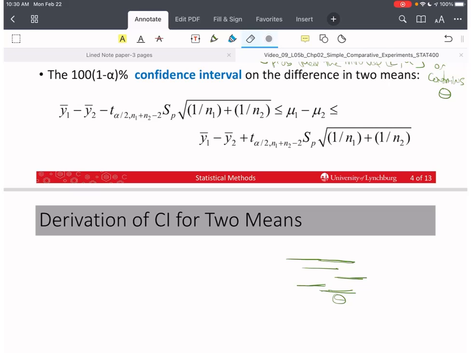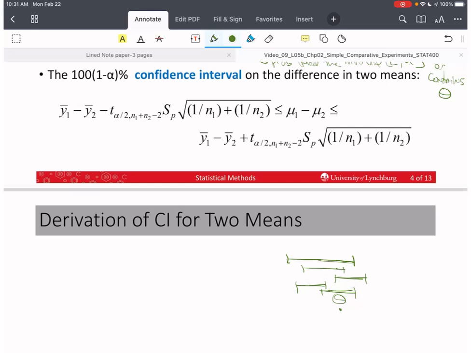So this interval here covers theta if theta is within it. Let's say the point is here, and so this interval also covers theta. This interval does not. This interval does, just barely, and this interval also covers theta. And so theta can be anywhere in the interval.